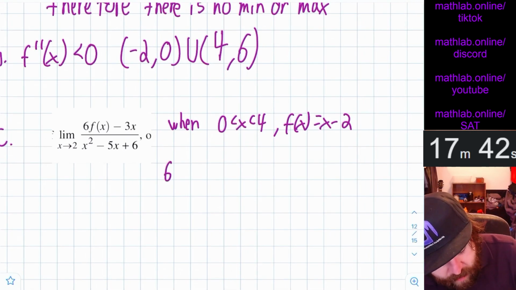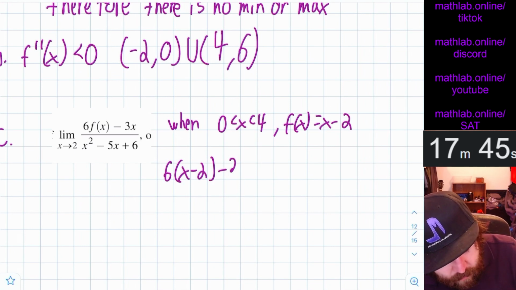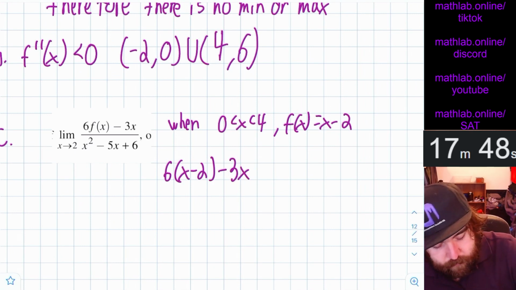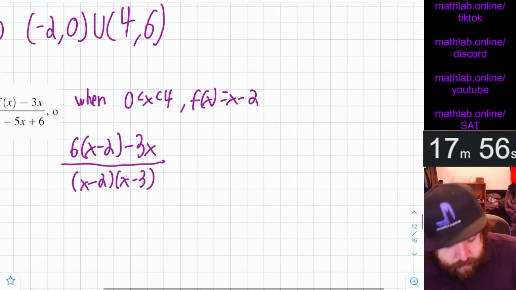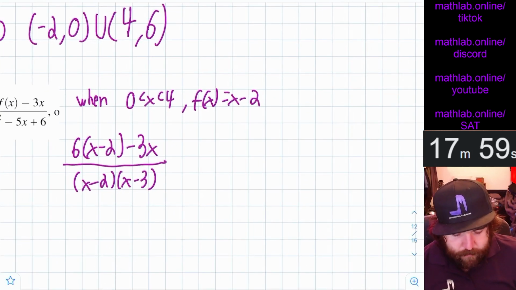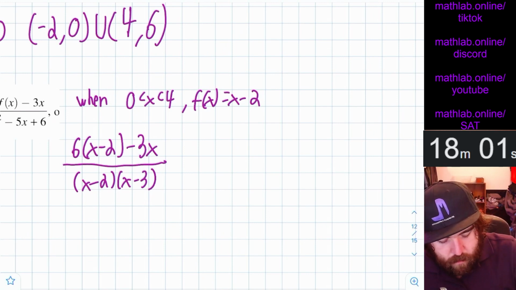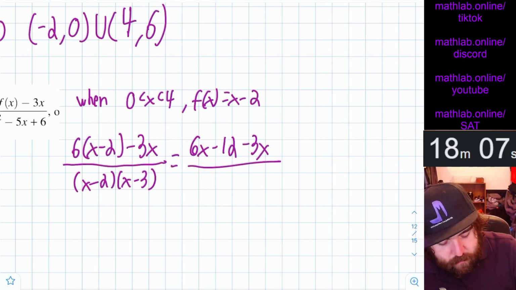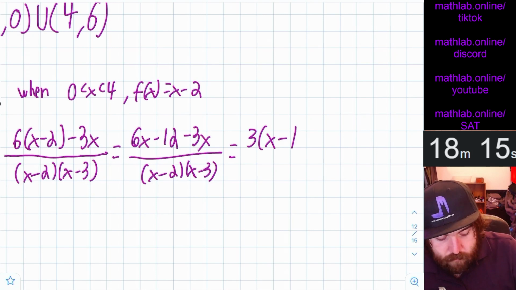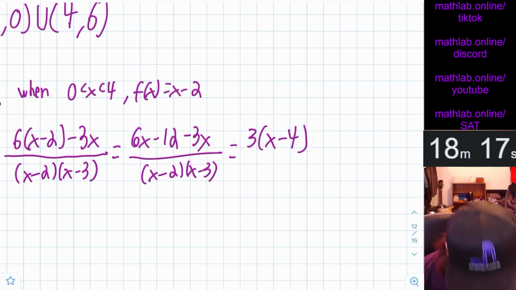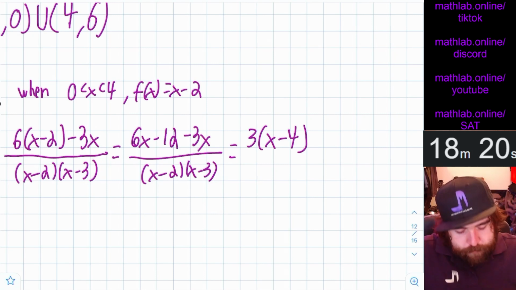So therefore what we have is 6 times x minus 2 minus 3x over, go ahead and factor that, x minus 2, x minus 3. Oh, that's kind of weird we got the x minus 2 there. We're just going to ignore that though. So 6x minus 12 minus 3x over x minus 2, x minus 3. So then that's 3x, that's 3, x minus 4.